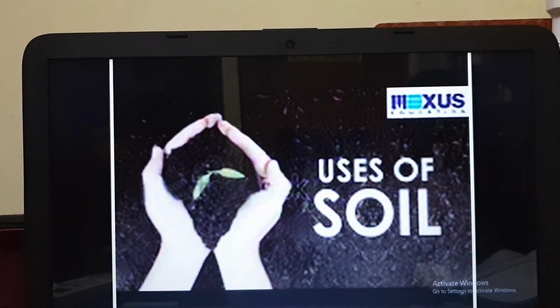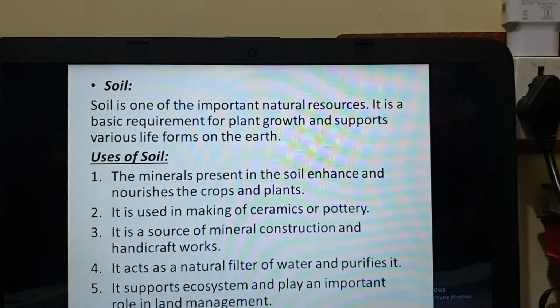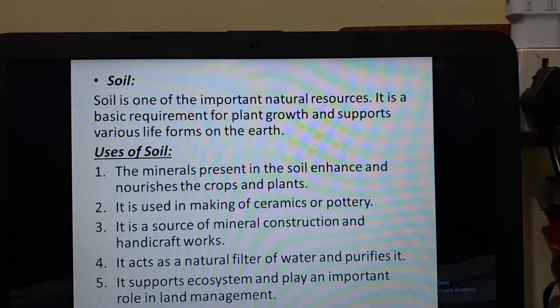Next, coming to uses of soil. Soil is one of the most important natural resources, isn't it? It is a basic requirement for plant growth and supports various life forms on the earth. Next, uses of soil. First one, the minerals present in the soil enhance and nourish the crops and plants.